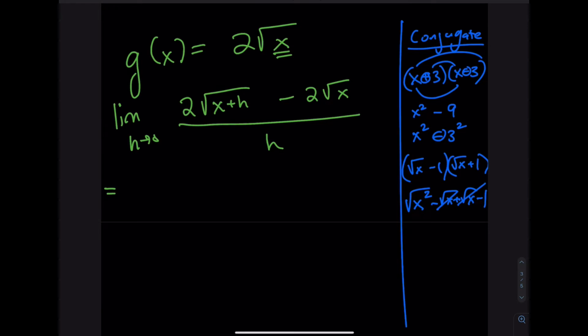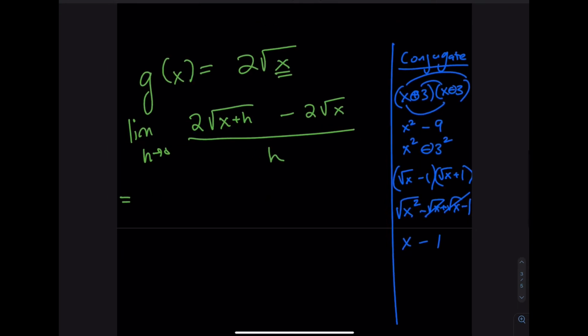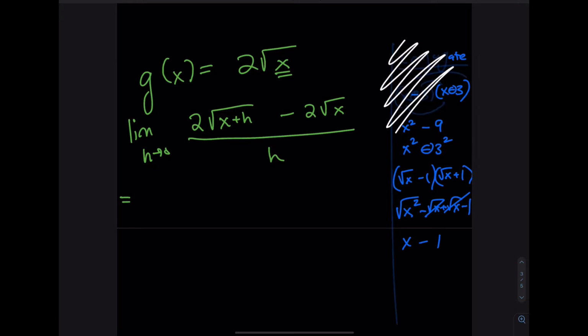So we'll just have a good old-fashioned x here. Now, really, it's the absolute value of x, but let's not get too crazy here. So now we have x minus 1. It's kind of interesting when you multiply a radical by its conjugate, you can get rid of that radical or that square root. Nice. So we're going to do that same sort of thing here with this example. All right, so goodbye conjugates.